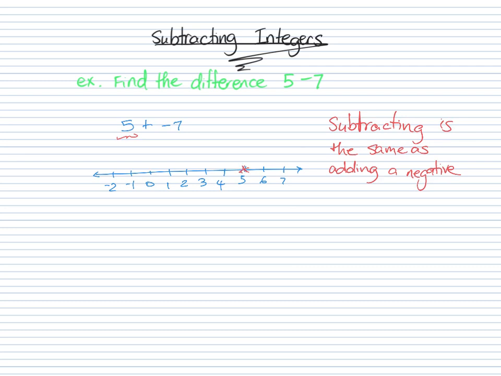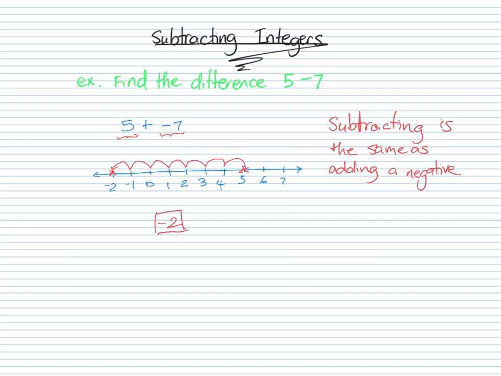And we are going to move. Remember that on the number line, the negative moves us to the left. So we are going to move to the left 7 places. So 1, 2, 3, 4, 5, 6, 7. And we actually have just enough. And our answer is where we end up, which is negative 2.